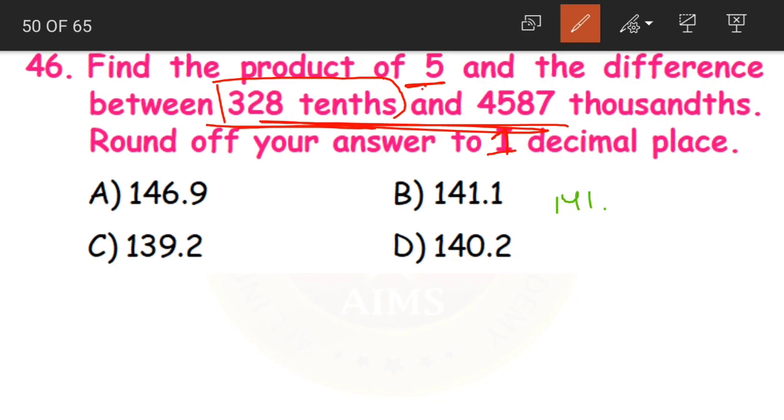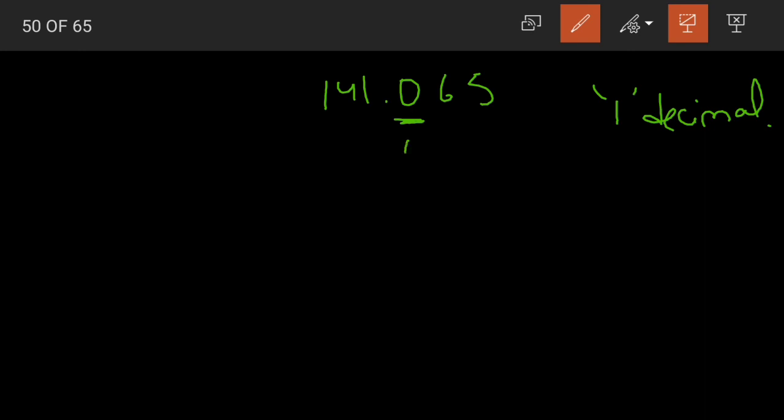What is our answer? 141.065. But in the question, we are instructed to round off the answer to one decimal place. There should be only one decimal place in the answer. Only one means the first decimal place after the point should be there. This is the 1/10th place.